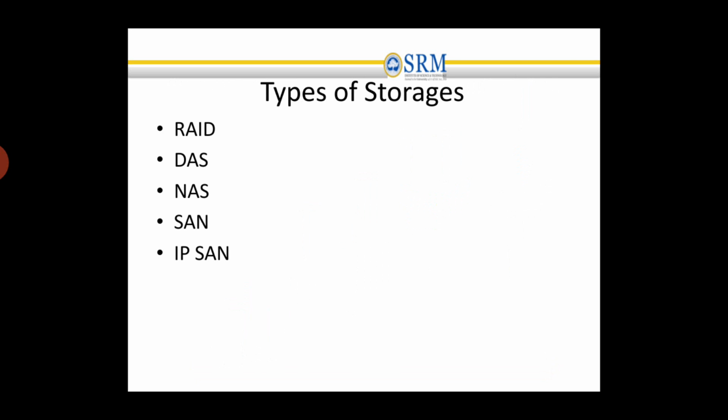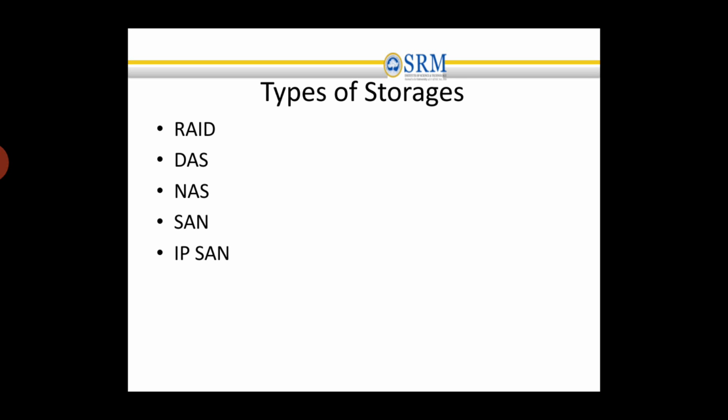And these are the types of storages. So RAID, redundant array of inexpensive disks. Through redundancy you are able to achieve reliability. That is the formula. Generally we don't want redundant data, but in case of failure, if you don't have the backup, it is very difficult to get your system back into the normal state.